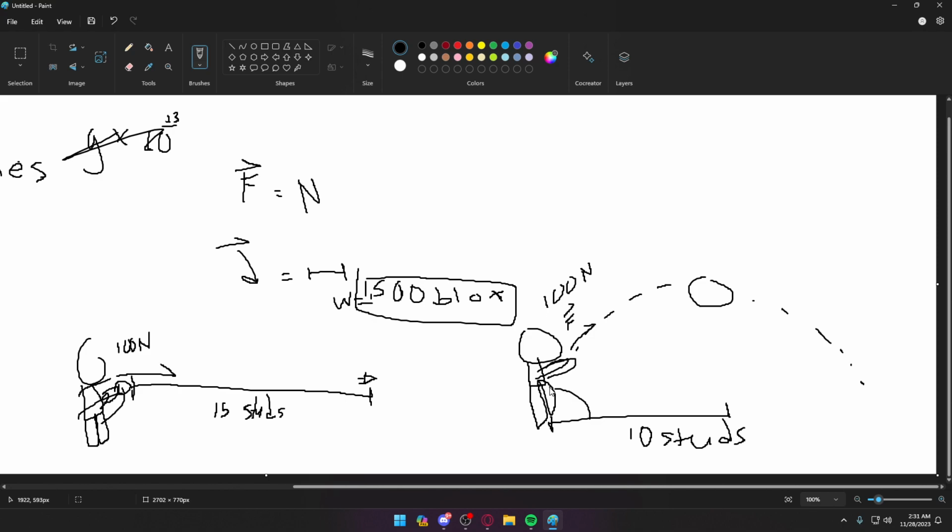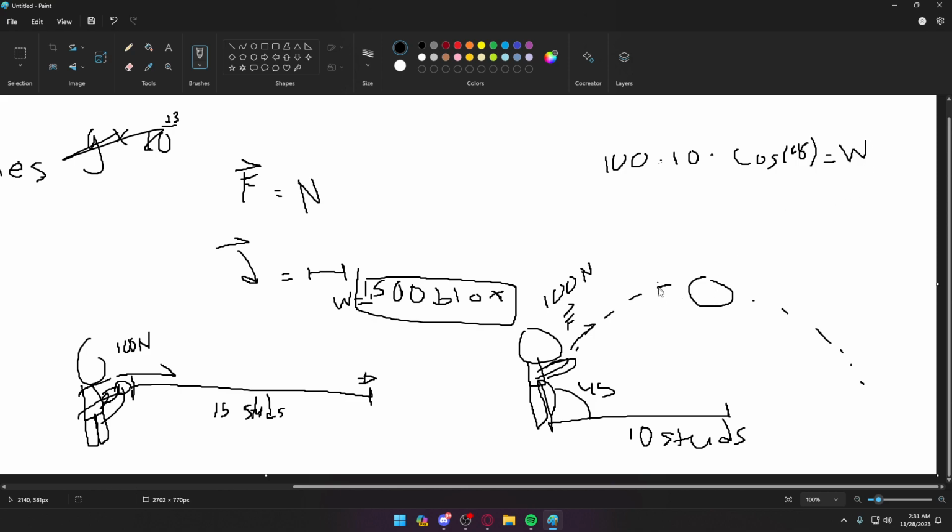And this angle, we'll say it's 45 degrees, just keep it plain and simple. So what you do is the force, which is 100, times your displacement, 10, and then times cosine of theta, when theta, or the variable degrees, is 45. And you get your work for that.